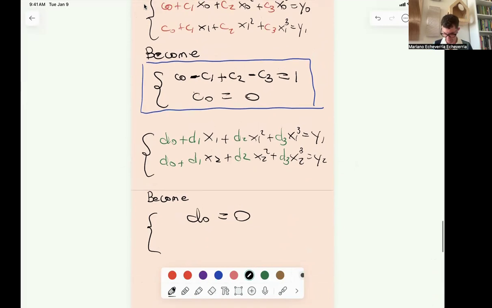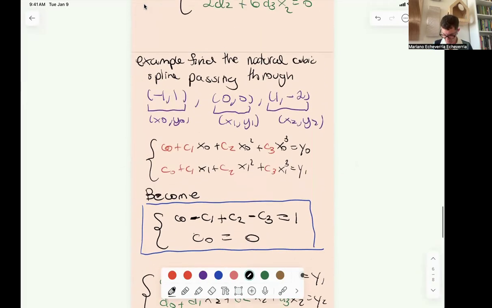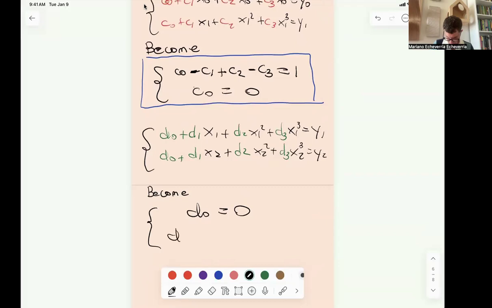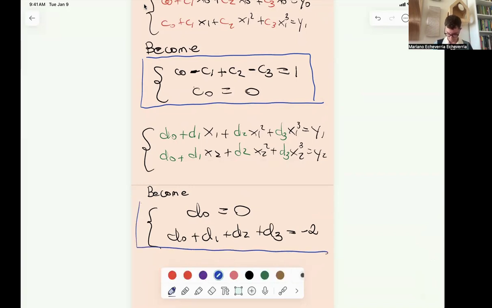And for the other one, x2 is 1 and y2 is -2. So it becomes d0 plus d1 plus d2 plus d3 equals -2. Is that okay? So far, so good, making sense?